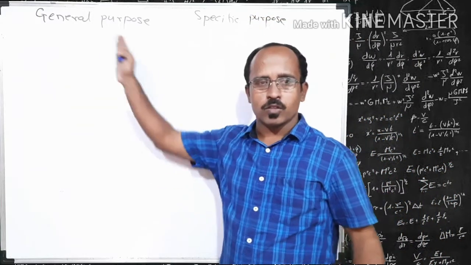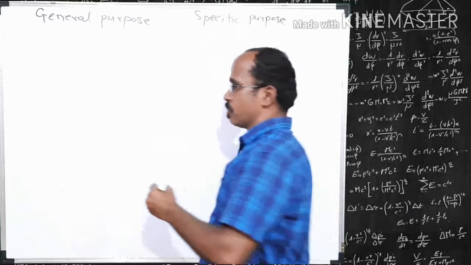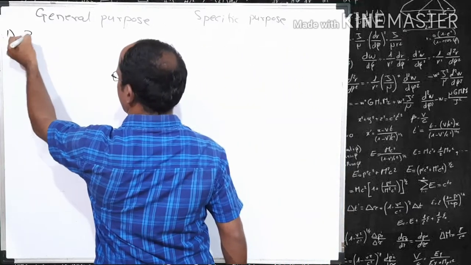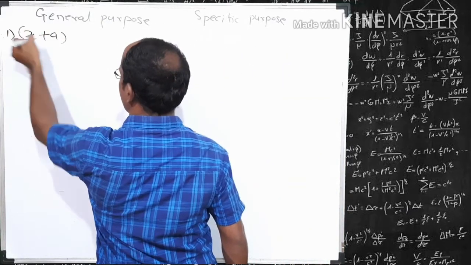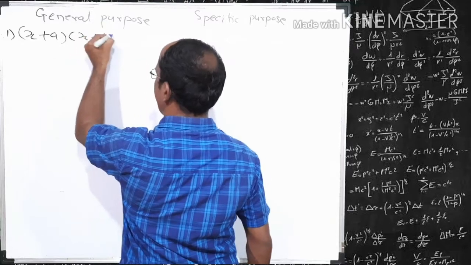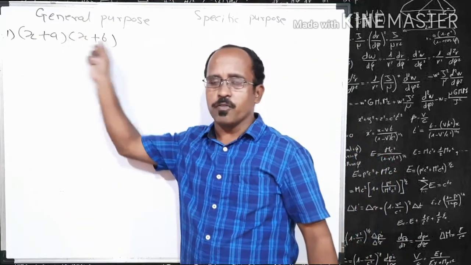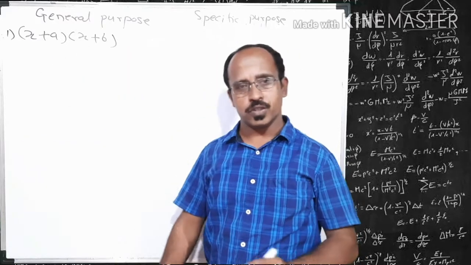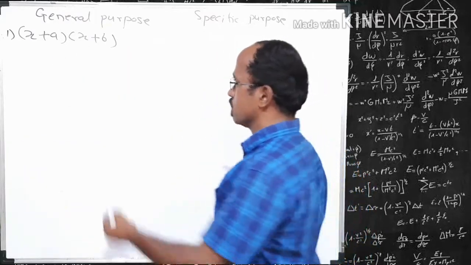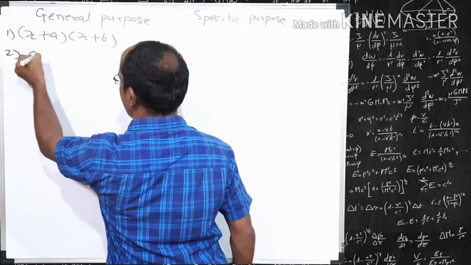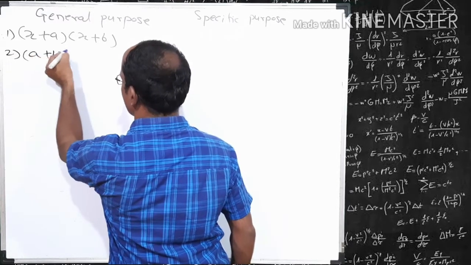I will write few formulas on the left hand side which are considered as general purpose. For example, first one is (x plus a) into (x plus b). The formulas where all terms are positive are called general purpose. Second one is (a plus b) square.